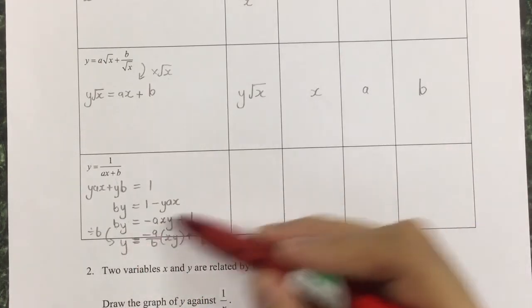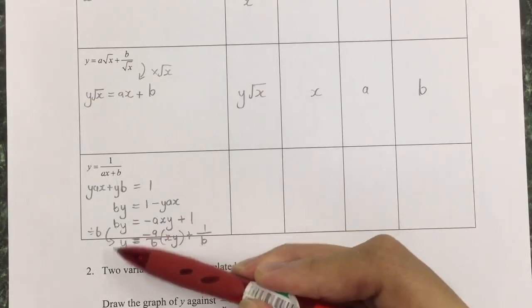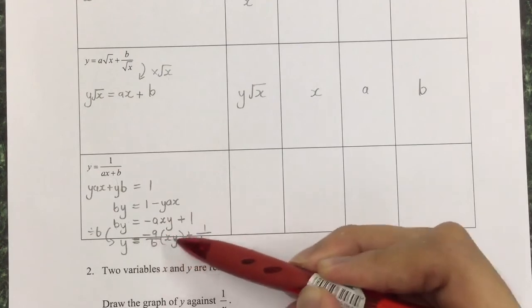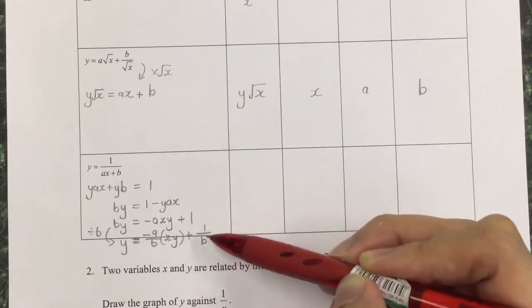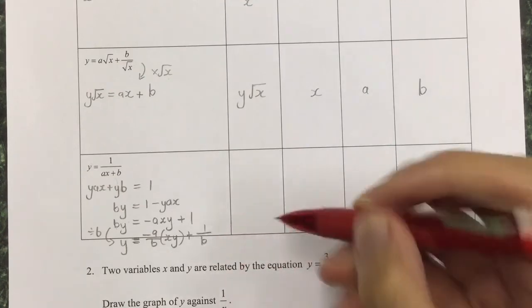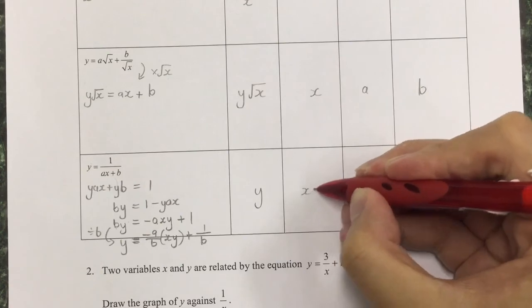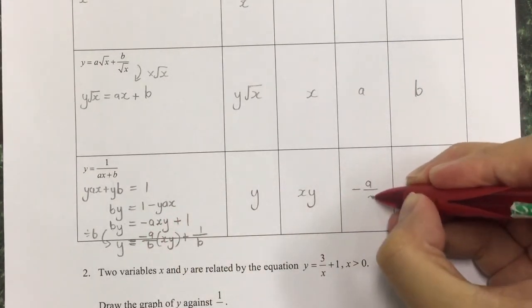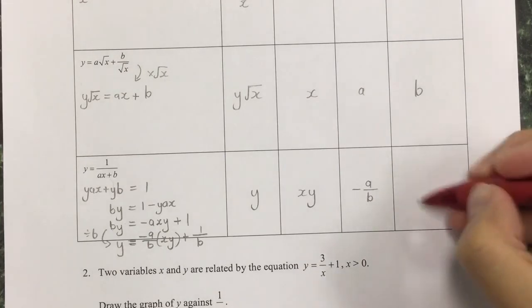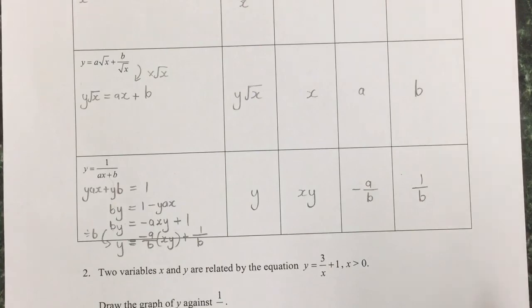Now this looks very ugly, but if you look at it very carefully, it is still y equals to mx plus c. 1 divided by b will still be a constant. So my vertical axis will be y, my horizontal axis will be xy, my gradient is a not so nice looking expression, negative a over b, and finally my y-intercept will take on a value of 1 over b.